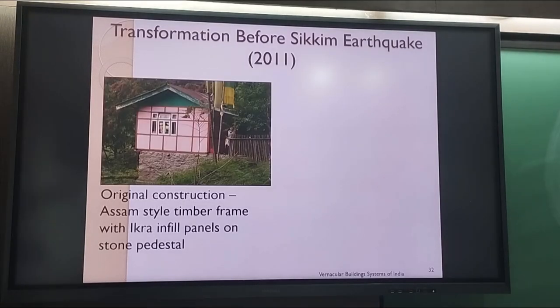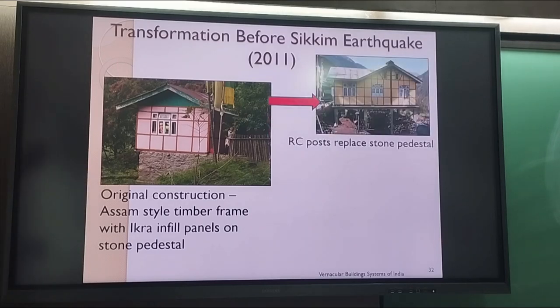All right. Sikkim earthquake in 2011. Before the earthquake, this was very common. The Assam style houses with ikra, timber ikra wall, on a stone pedestal. And then we started getting these reinforced concrete pedestals. But this is before the earthquake. Over a very long time, these changes had taken place.